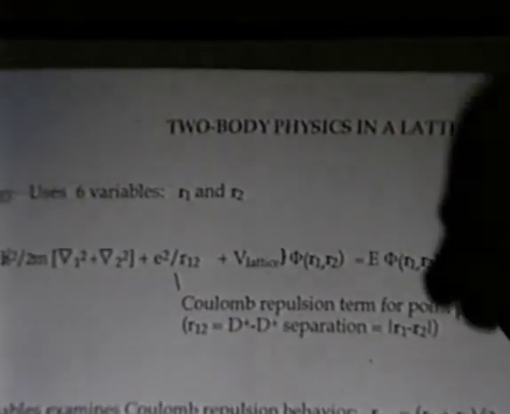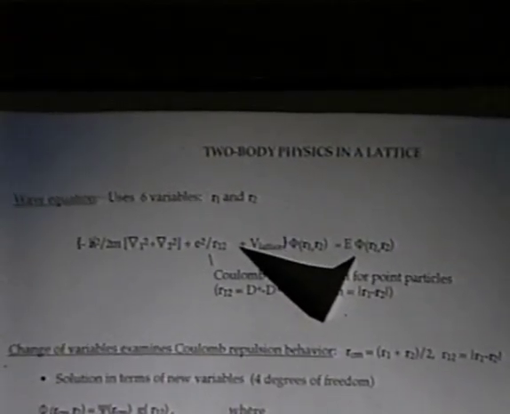In the band-state system, two deuterons in a band state with no electron screening assumed, we have this normal form of the Schrödinger equation with the normal unscreened Coulomb repulsion potential. This equation is written in terms of six variables, x1, y1, z1, x2, y2, z2.